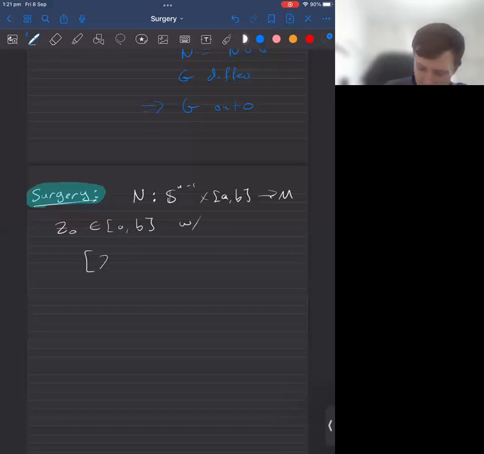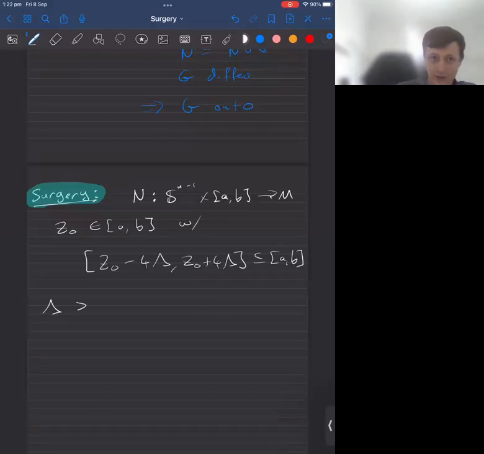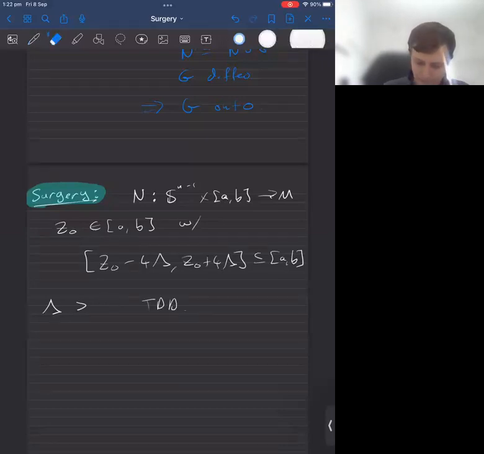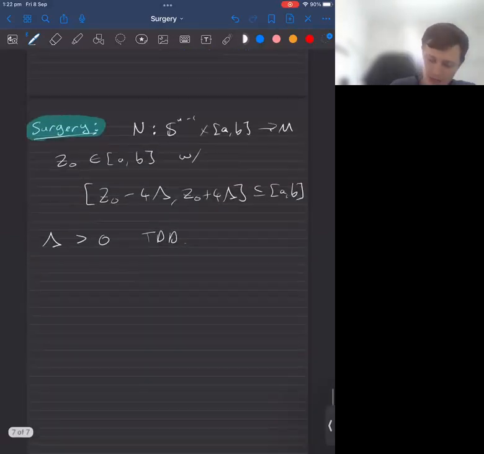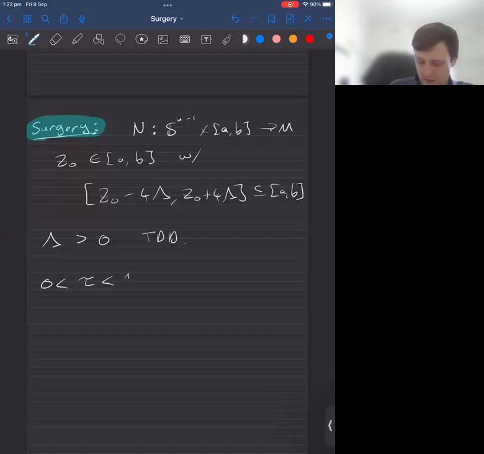So let's take Z0 minus 4 lambda, Z0 plus 4 lambda inside this interval. And we'll pick lambda later. Ultimately, we want to make this large. And we have a couple of other parameters we want to fix. So we fix some tau between 0 and 1 and some b, let's say, bigger than 10 lambda.